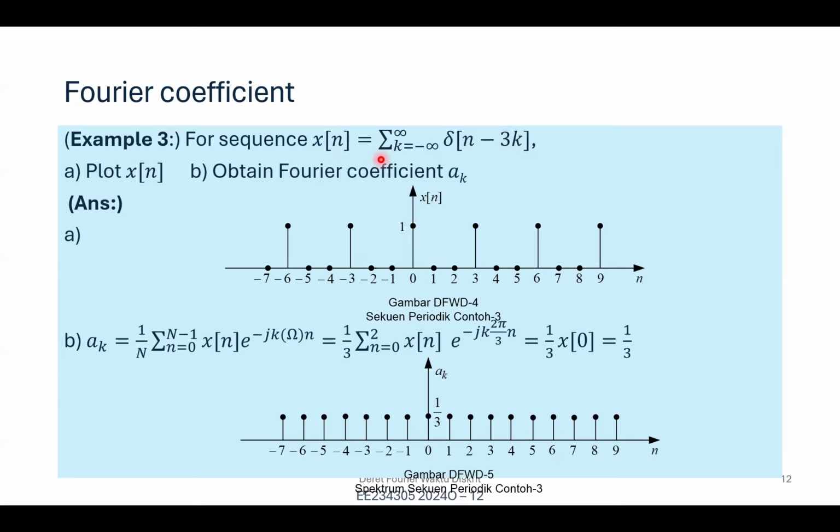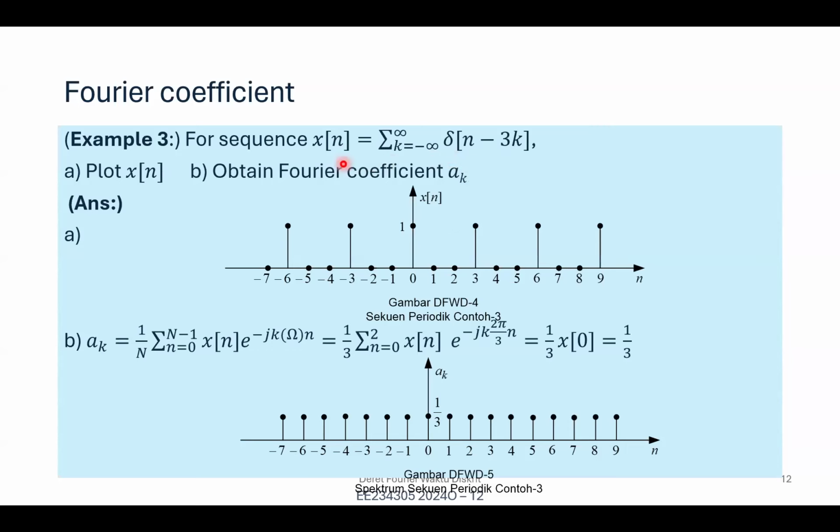So we can decompose this into several unit impulses to obtain this graph, and we can obtain this plot. If we want to find, let's say, x1, for example, this becomes delta 1 minus 3k.